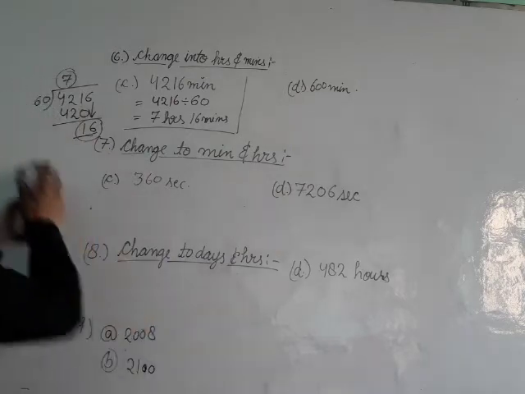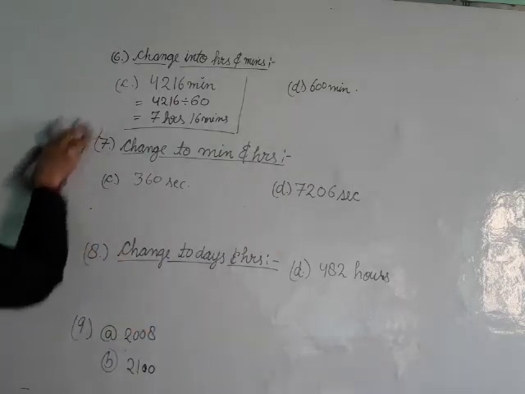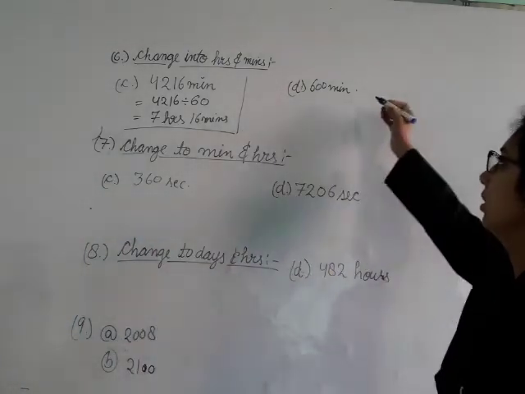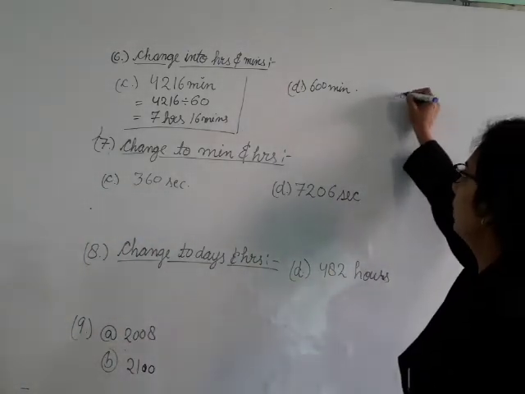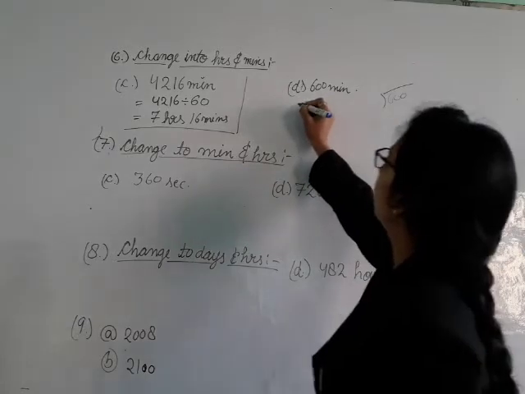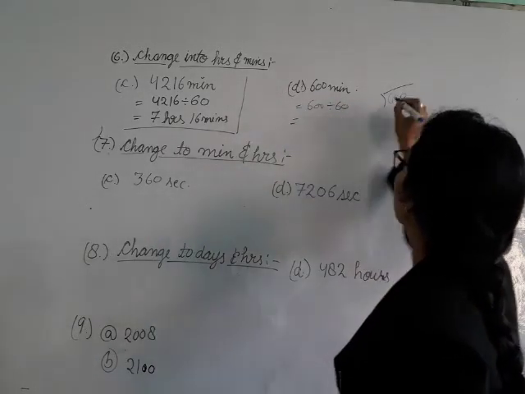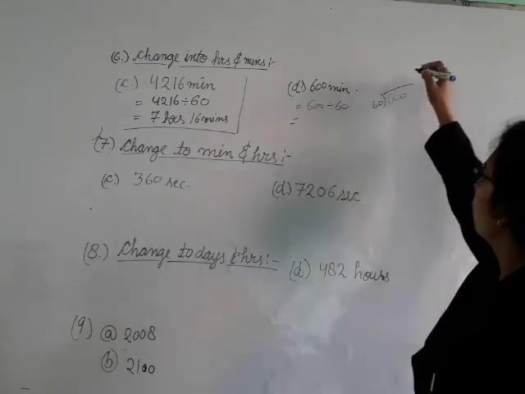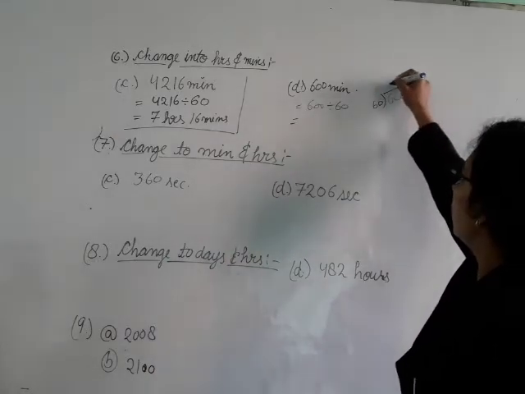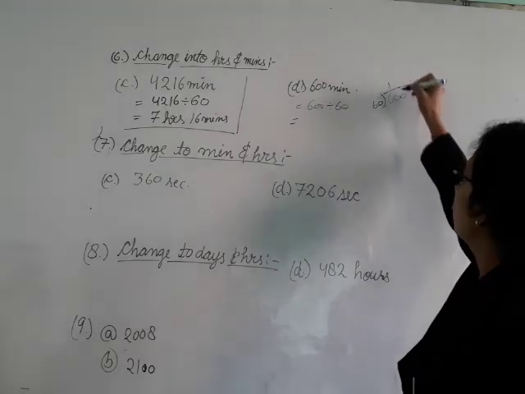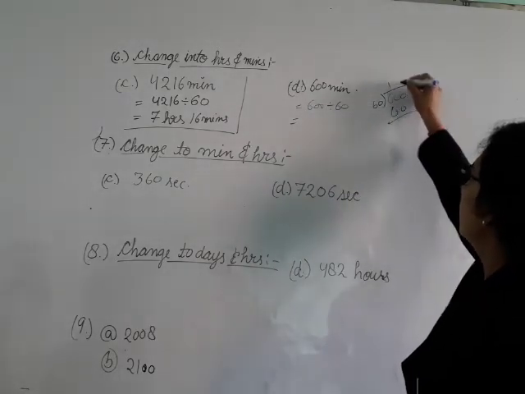For example, our next question is the same that I am trying to tell you. D part 600. The same thing we have to do here. We have to divide it by 60. So 60, 600, and 60 ones are 60 and 0.